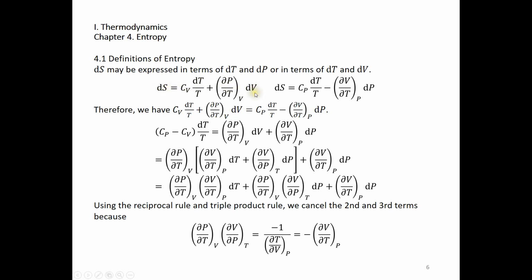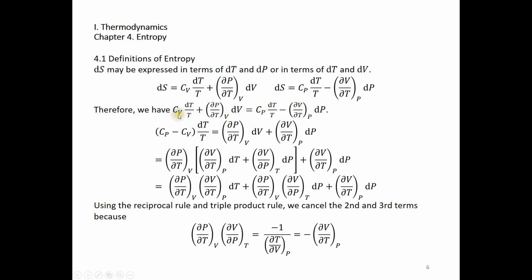Given the same initial and final state, there's only one possible value of delta S, and therefore this expression should be equal to this expression. So we write that equation here: Cv dT over T plus ∂P/∂T times dV is equal to Cp dT over T minus ∂V/∂T times dP.